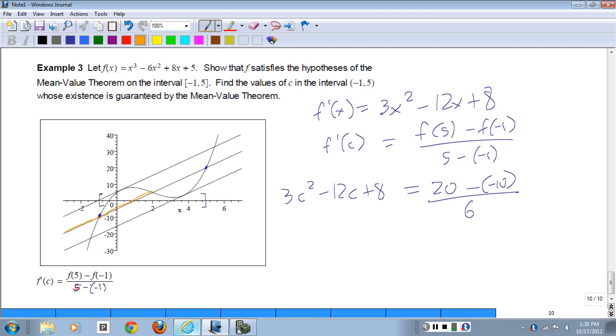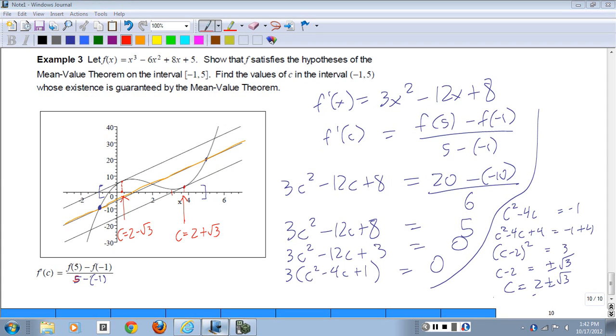The slope of this line is 30 over 6, or 5. So will there be values of c that satisfy this? Probably.